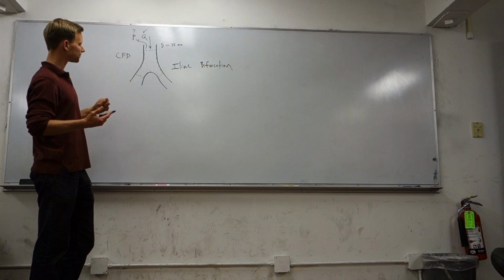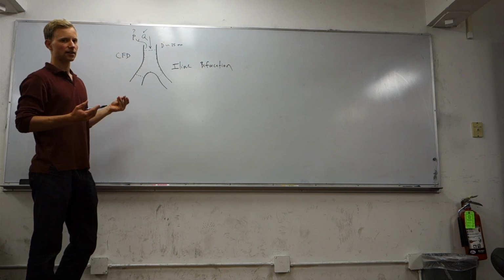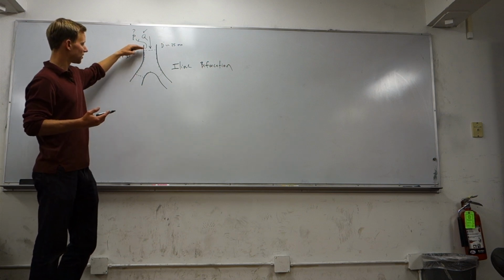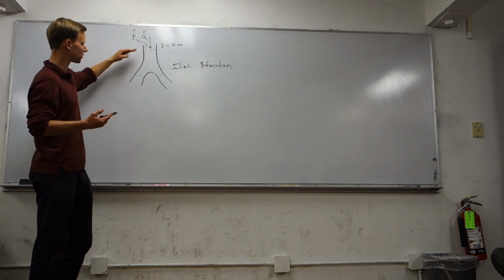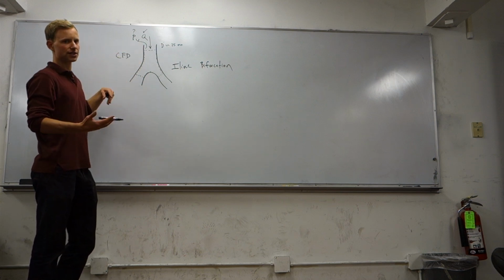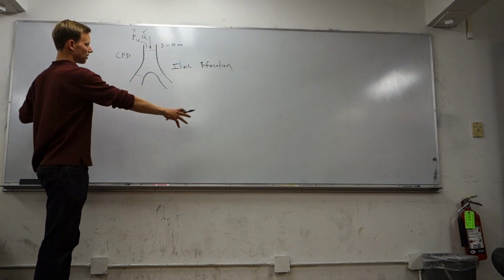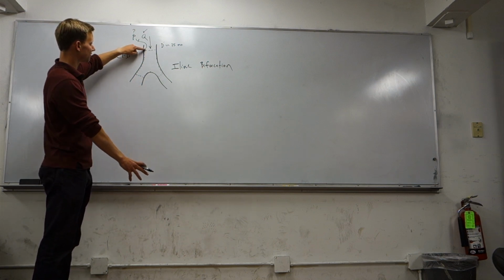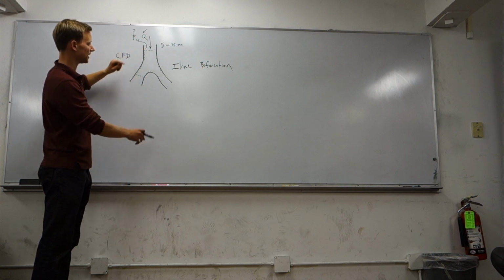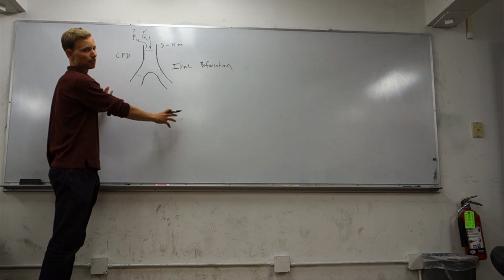So with that, let's try to understand how to model the flow from this point downward in your cardiovascular system in order to replicate the physiological effects of having a branching network of arteries and capillaries and whatnot, such that the flow here is effectively the same as if you had the exact body there.